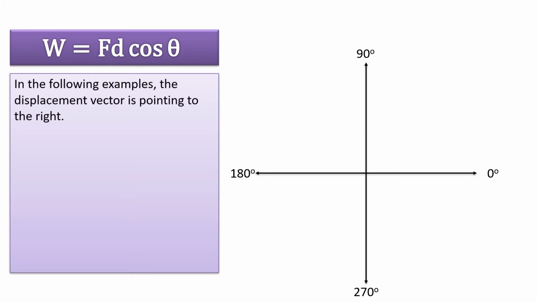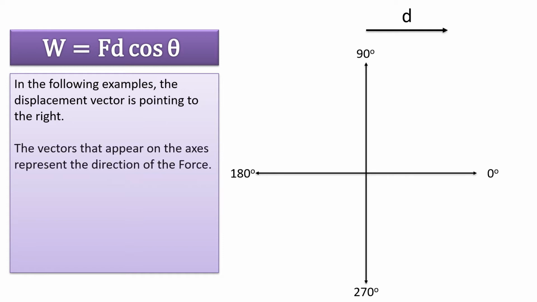So in the following examples, the displacement vector is always going to be pointing to the right. All right, and this is just kind of an abstract way to describe the mathematical concept there. So the vectors that appear on the axes represent the direction of the force. So our cart, let's say, is always moving to the right. And in this case, we'll have also a force that's pointing to the right.